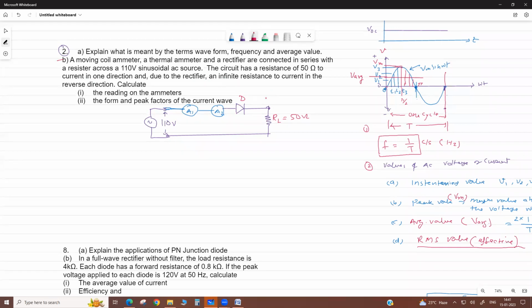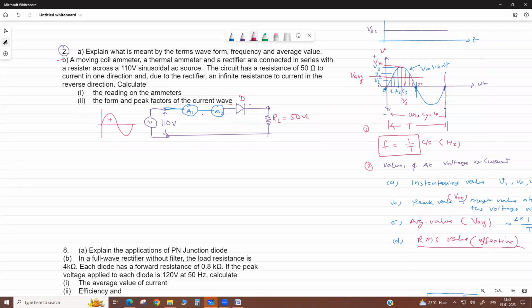And infinite resistance in the reverse direction, because in AC input there is a positive cycle and a negative cycle. So when the positive cycle comes, this diode is forward biased, then it conducts.